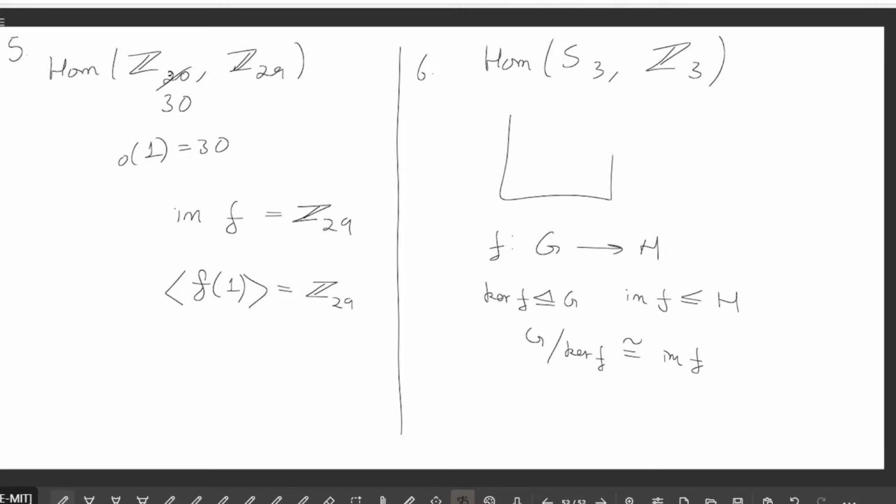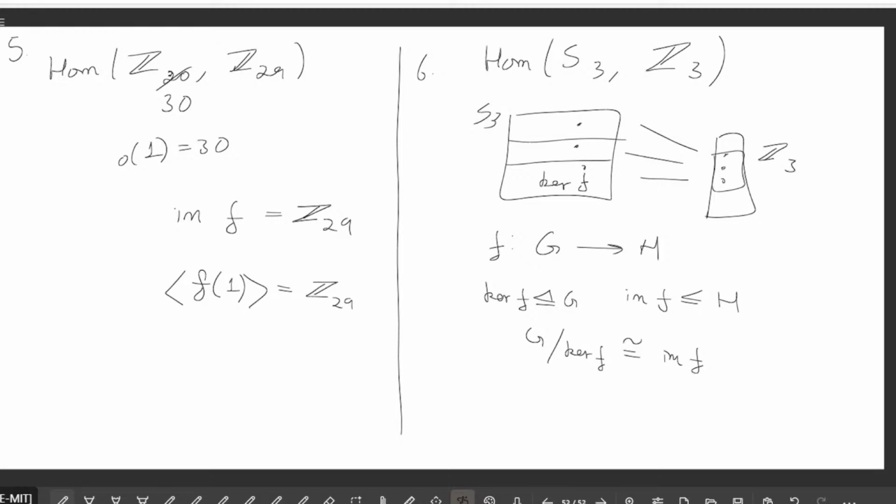In S3 you must be able to find some normal subgroup which can act as a kernel, so that when you quotient by that, you will get a subgroup of, in this case, Z3. This must be some subgroup of Z3, which is the image. So is it possible, or how many can you get?